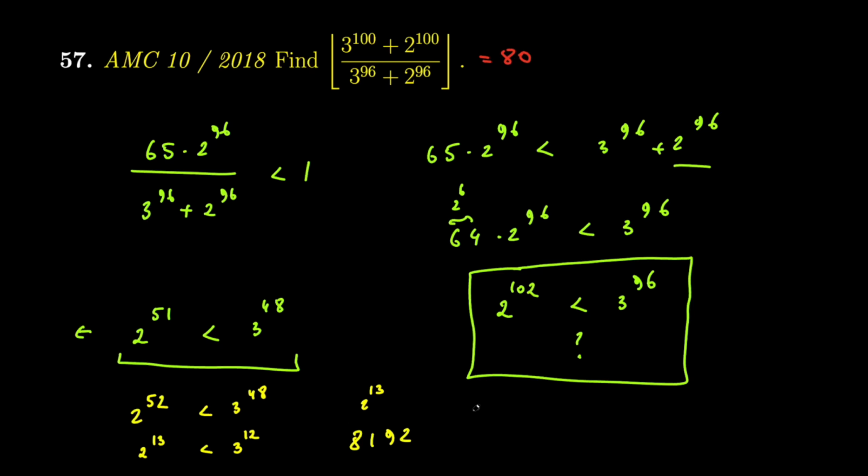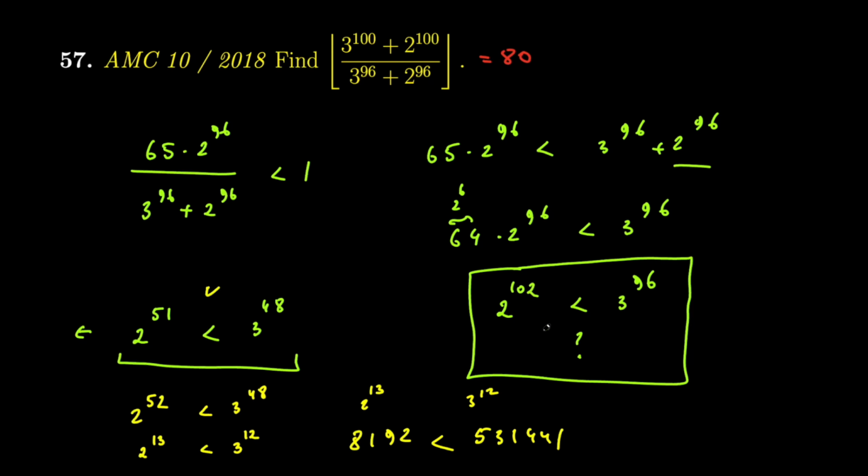And 3 to the power 12 is a large number. It's obviously very large. Even if you do 2 to the power 52, that's less than 3^48. This is obviously true.